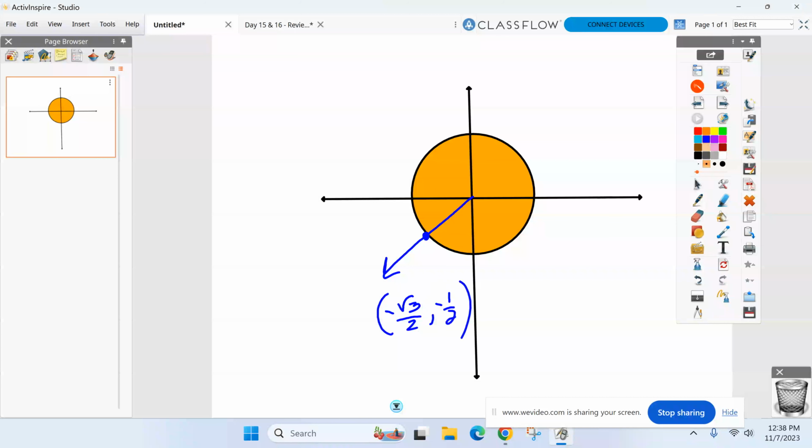And I want to know what the angle measure is. So what is this angle measure there? Forget the signs in front. I had to put the negatives because I'm in the third quadrant, but radical 3 over 2, 1/2, what does that belong to? 30, 45, or 60? Which one? Should belong to 30 degrees, right?